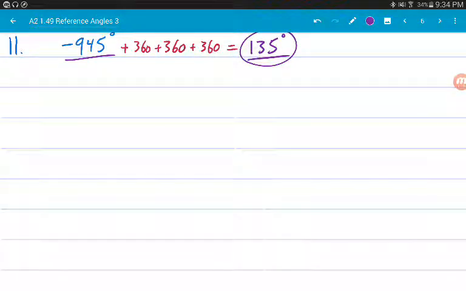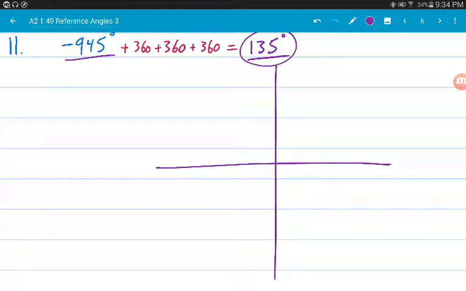Now, what we do next, after we fix the angle, is we draw our axes: 0 degrees, 90 degrees, 180 degrees, 270 degrees, and this 0 is also 360 degrees. So, we're graphing a 135 degree angle.